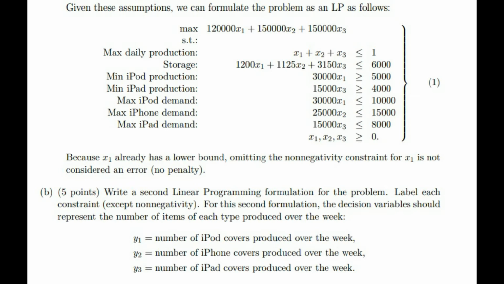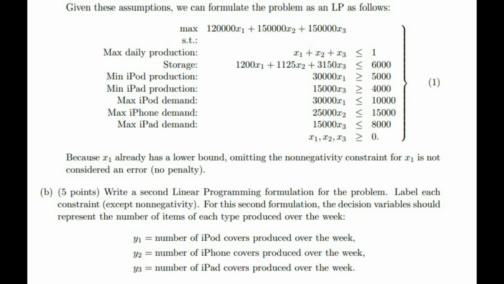Minimum iPod production: 30,000 X1 is greater than or equal to 5,000. Minimum iPad production: 15,000 X3 is greater than or equal to 4,000. Maximum iPod demand: 30,000 X1 is less than or equal to 10,000.